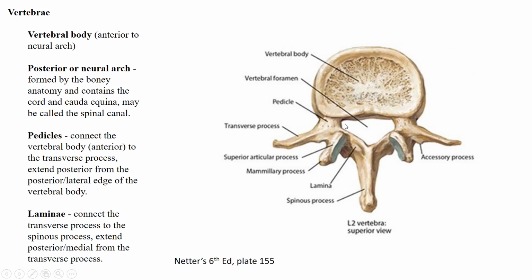And then within here is the vertebral foramen, also sometimes called the neural arch or the posterior arch. And this is where the spinal cord or the cauda equina and CSF are all contained, within the vertebral foramen. And you can see how well protected that area is by all the bony anatomy around it.